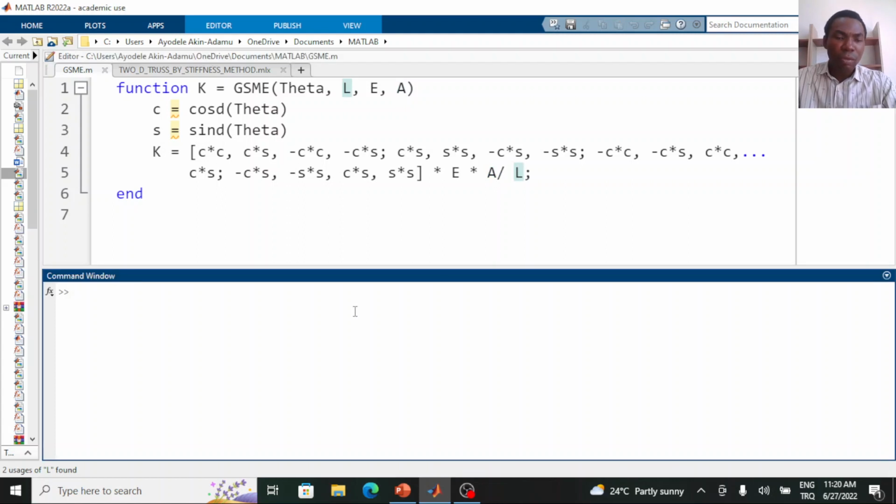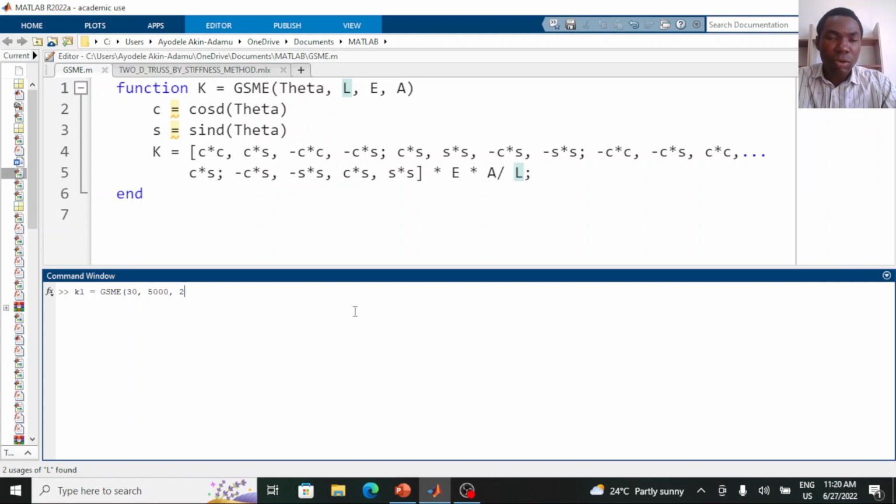So in the command line, I can say K1 equals GSM. I enter say 30 degrees as the theta, length say 500 millimeter, that's 5 meter.